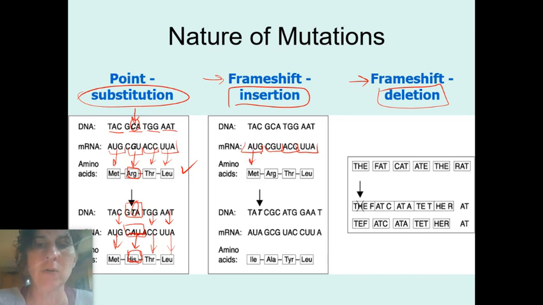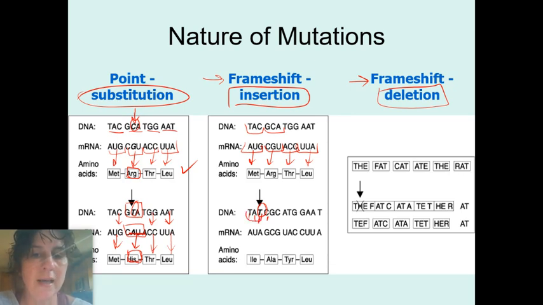So once again, I'm doing the right thing in the first one. But here we have where I had TAC and then GCA. Now I have an insertion. A T was inserted into that one. So where it should have been T, A, and there's the C right there, now I have a T inserted.